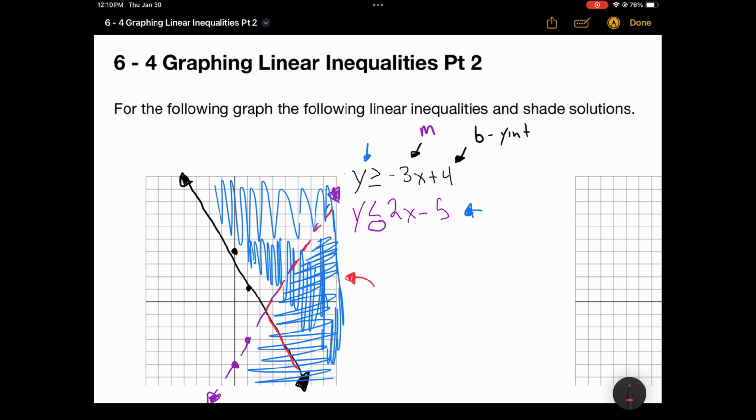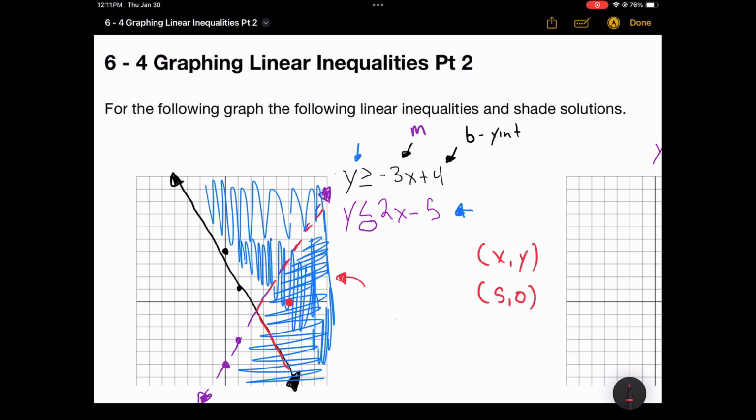And what does that mean is there will be an x and a y, okay? That if I choose any x and y, let's just choose this one, 1, 2, 3, 4. This one right here. I'm going to choose this point right here. If I choose this point, 5, 0, if I plug it into both of these equations, it will make the statement true. So I'm going to show you that real quick. I'm going to do this top one first.